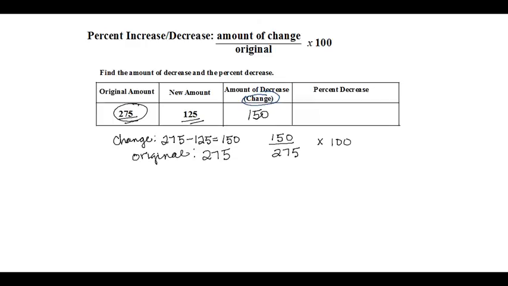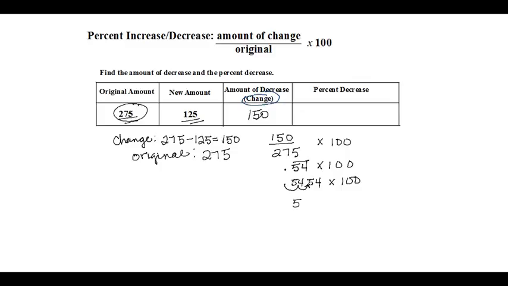That comes out to be 0.54 times 100. Okay, 0.54 repeating actually, right? So that would be 0.5454. And whenever we multiply that by 100, we're moving our decimal to the right twice.